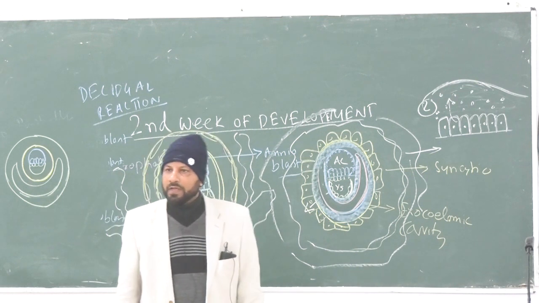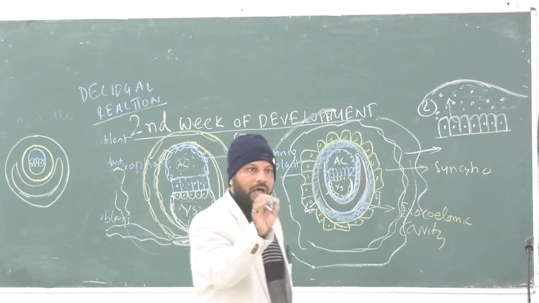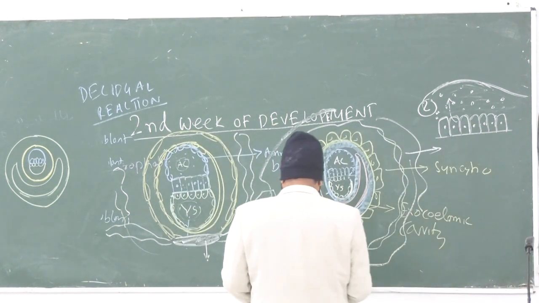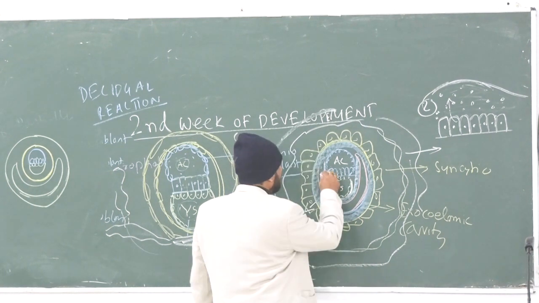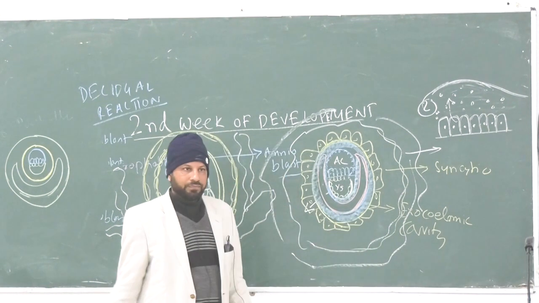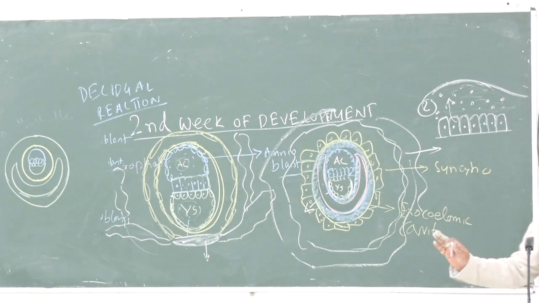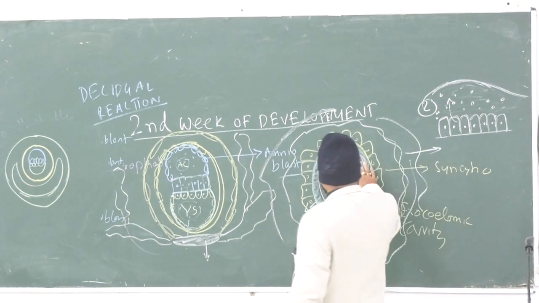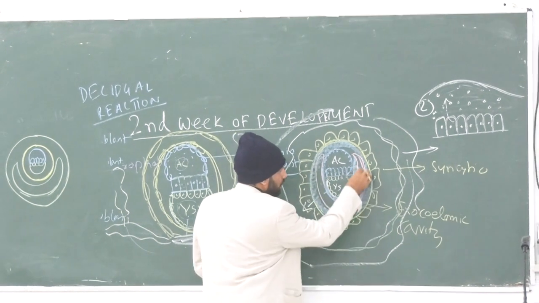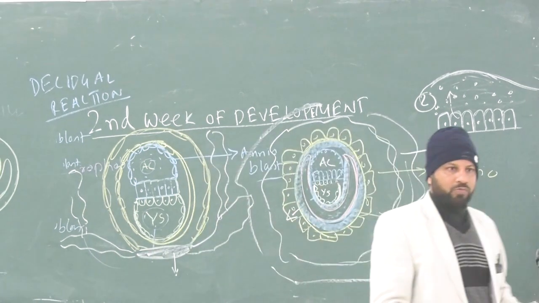সেল তৈরি করলো একটা লুজ মেসেনকাইম হিসাবে, দ্যাট ইজ কল্ড এক্সট্রা এমব্রায়োনিক মেসোডার্ম। অ্যাকচুয়ালি পুরোটাই ছিল, পরে আমি এই এক্সট্রা এমব্রায়োনিক সিলমটা আঁকলাম। This is extra embryonic coelom in between the mesoderm. মেসোডার্মটা পুরোটাই আঁকা উচিত ছিল, এই সিলমের জায়গাতেও মেসোডার্ম ছিল, এখানেও মেসোডার্ম ছিল। তাহলে এই এক্সট্রা এমব্রায়োনিক মেসোডার্ম কোথা থেকে এলো?